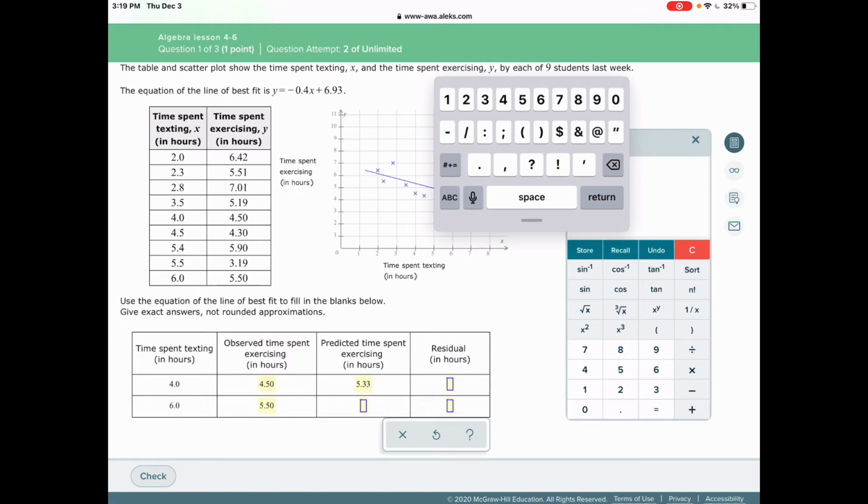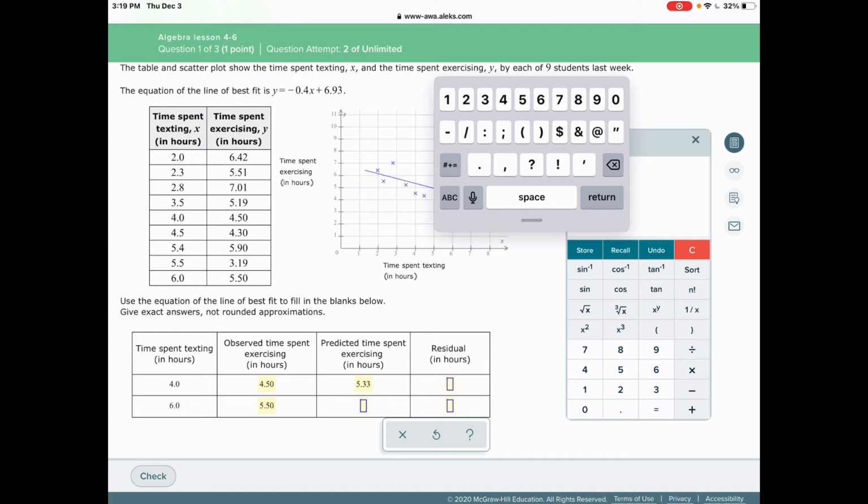Okay, so now we're going to calculate a residual. A residual is just the difference between what we observed and what we predicted. So write this in your notes so that you have it when you get asked this question. To calculate the residual, we do the observed minus the predicted.